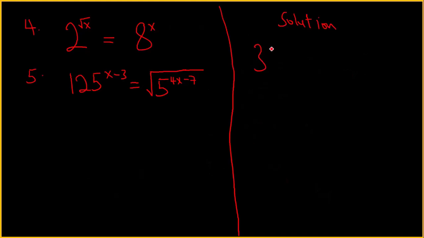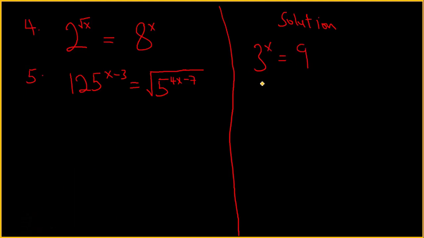In this case, we are going to change the expression to suit one certain base, and the smaller value here is 3. So we are going to change this value 9 into an index form that has 3 as its base.